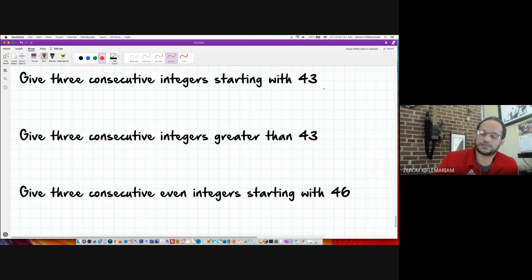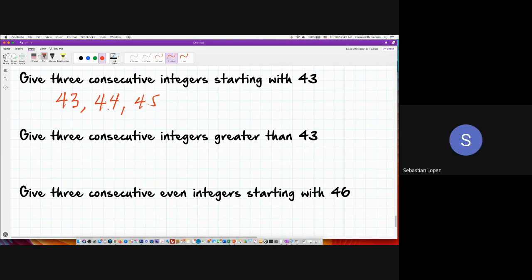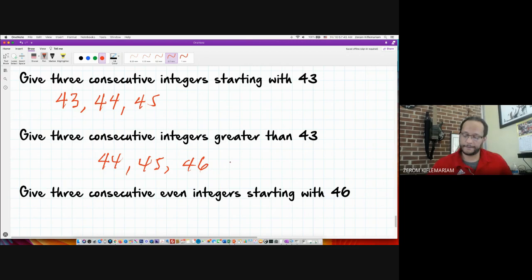Since they are starting with 43, it would be 43, 44, and 45 as my answer, right? The next one would be what? 44, 45, 46. Next one?